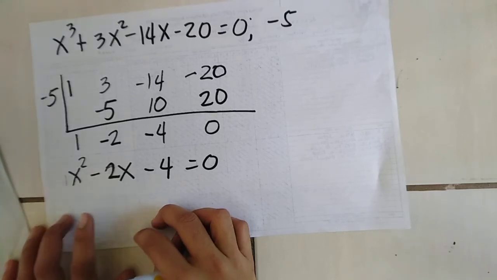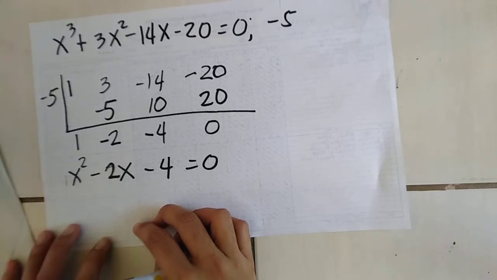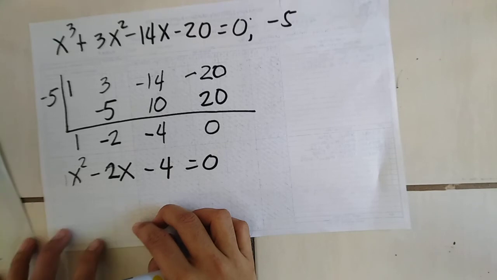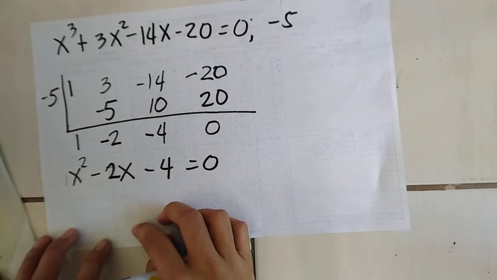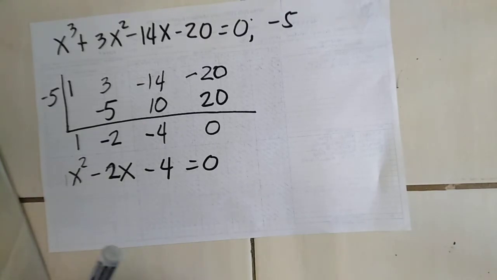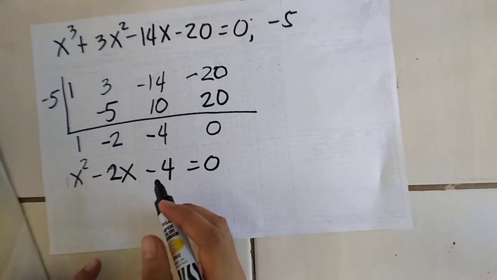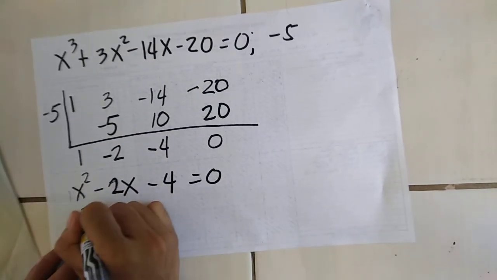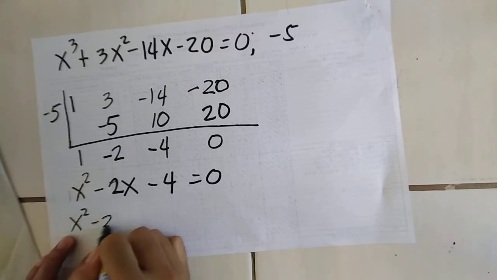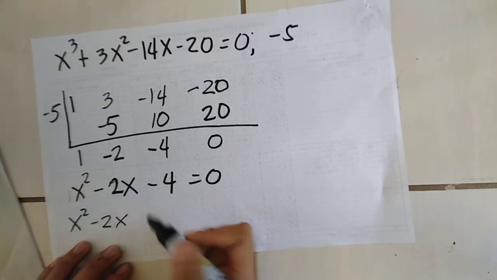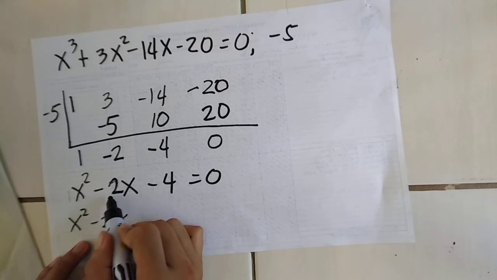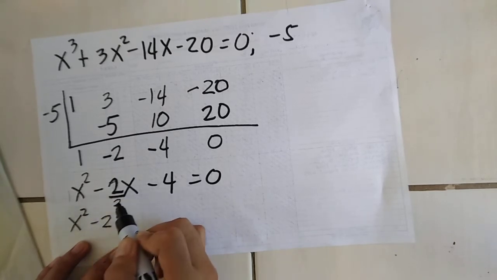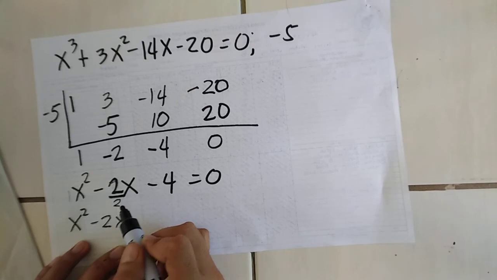Since we have x squared minus 2x minus 4, we can also use completing the square. Here, let's use completing the square. This is x squared minus 2x. In completing the square, we divide the second term by 2.